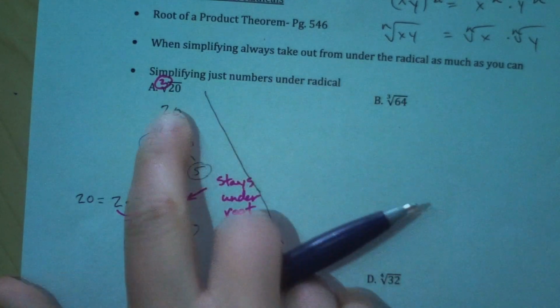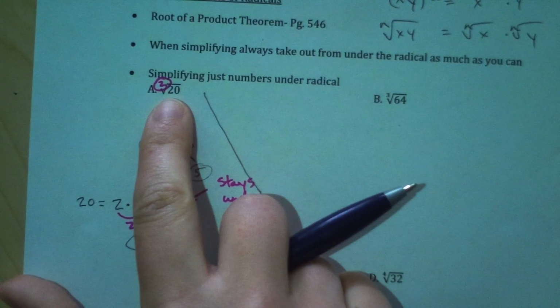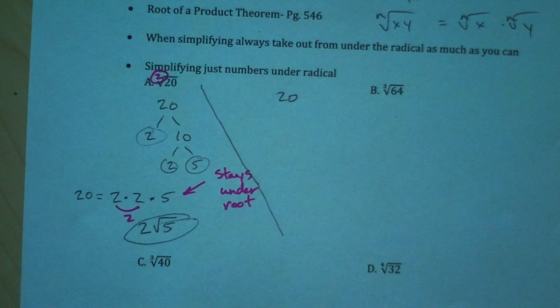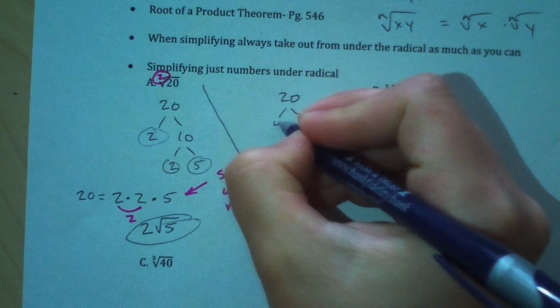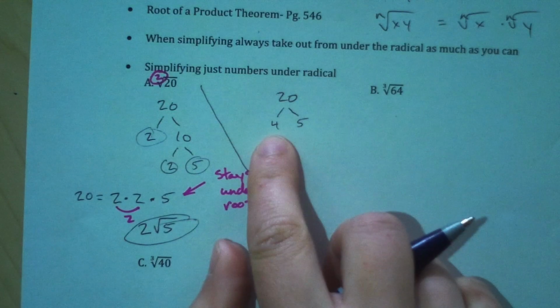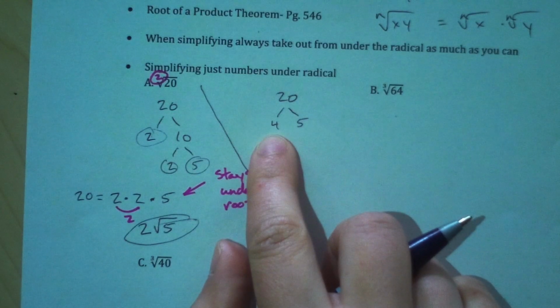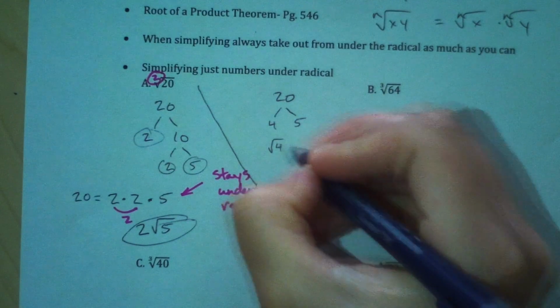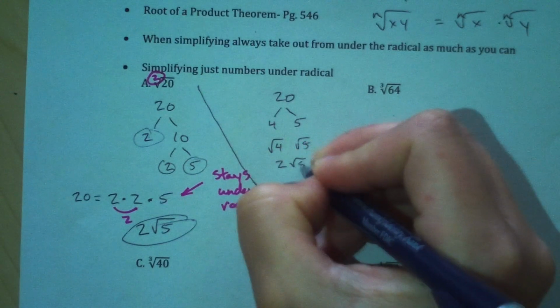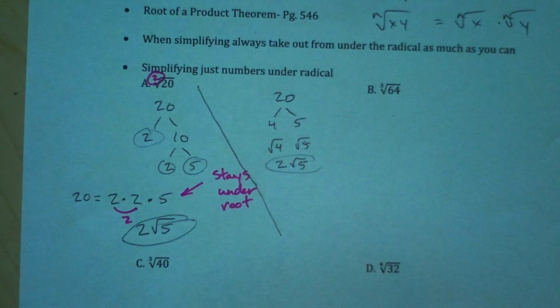So if I thought of it as square root of 4 and square root of 5, and I know square root of 4 is 2, and square root of 5 wouldn't break, wouldn't that get me down to the same thing? Yeah, so if you can recognize that and know how to do that, that's another way to do it. But like I said, if that gets too confusing for you, this way will work all the time. This way will work as long as you know what you're doing, okay? But this is a foolproof way of doing it, okay?